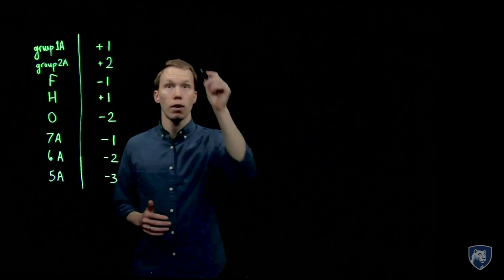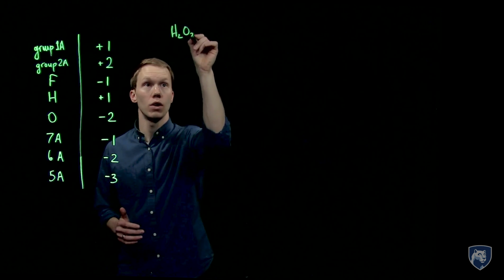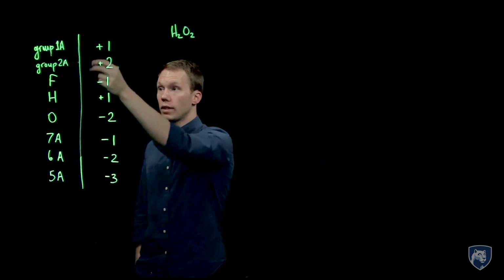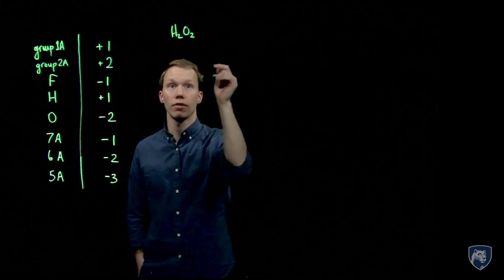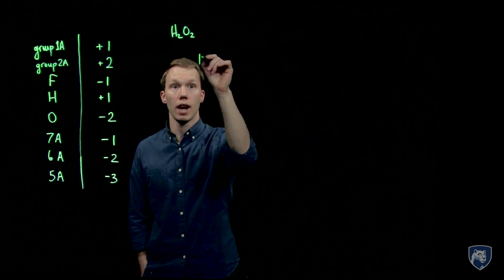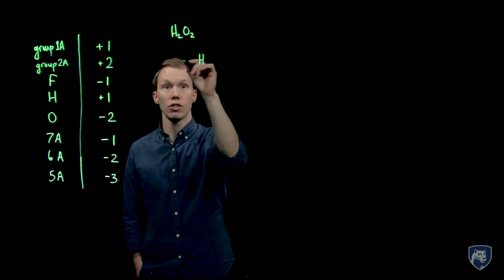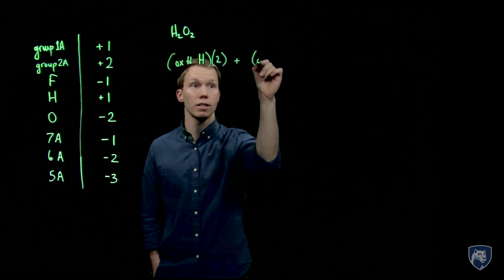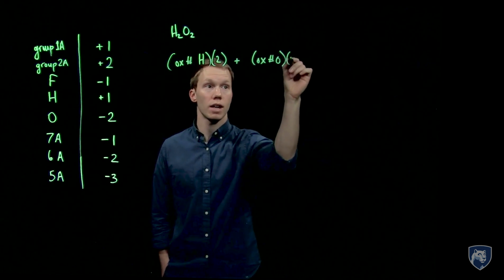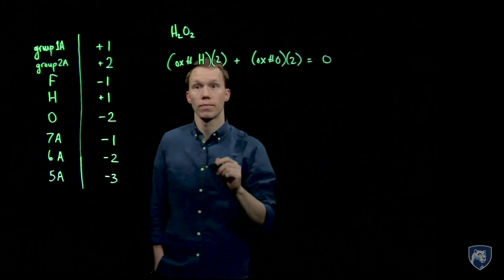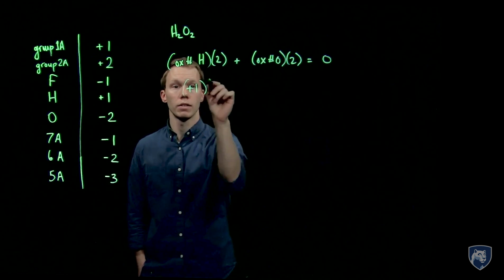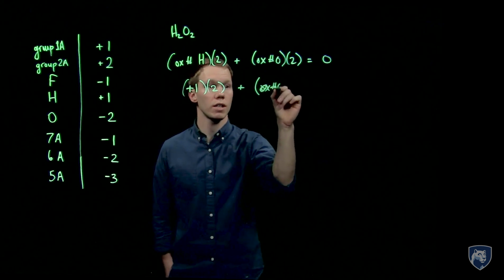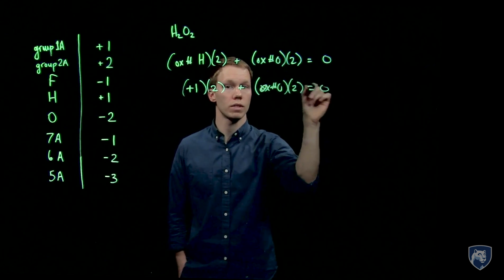How about hydrogen peroxide, H2O2? Okay. Well, we follow the list in order. H would be assigned first as +1. So the oxidation number of H times 2 plus the oxidation number of oxygen times 2 equals 0. So +1 times 2 plus oxidation number of oxygen times 2 equals 0.